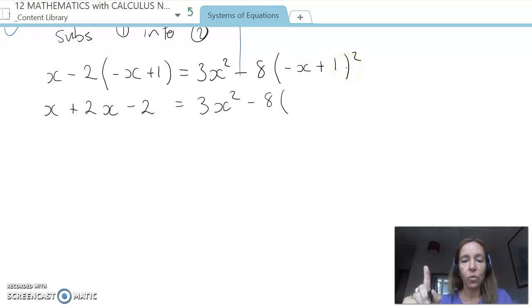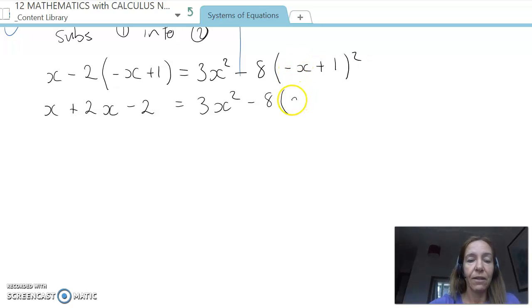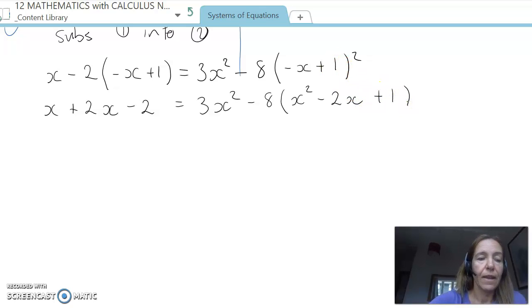I'm going to do this in one, but if you are doing this at home, which I hope you are, while you're watching, pause and expand it by writing out both of them properly. So negative x times negative x gives me positive x squared. Minus 1x is minus 2x altogether, plus 1.